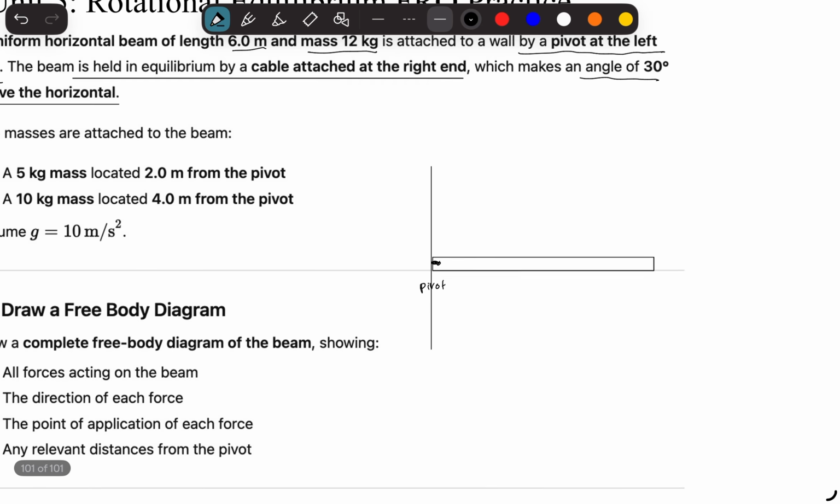And then at 2 meters, you have a 5 kilogram mass. At 4 meters, you have a 10 kilogram mass. And this is going to be our weight 1. This is going to be our weight 2.